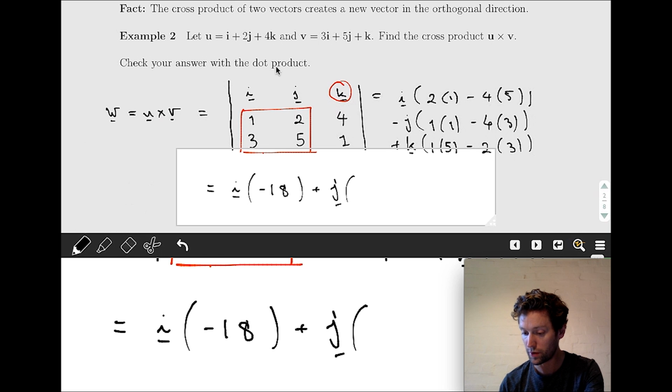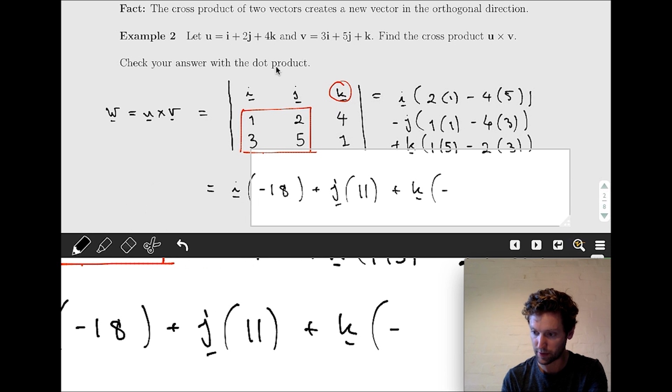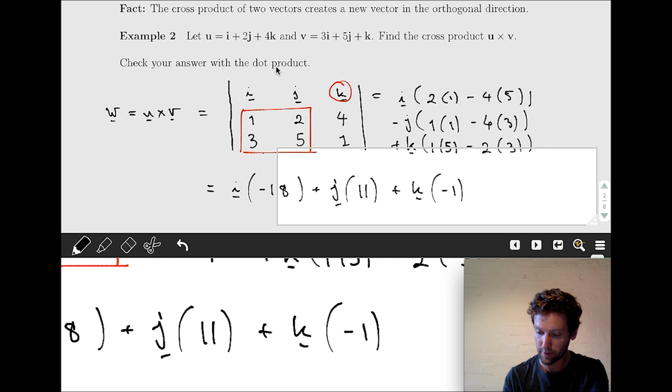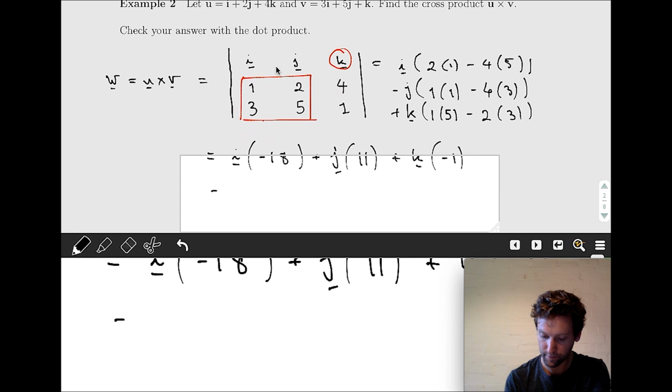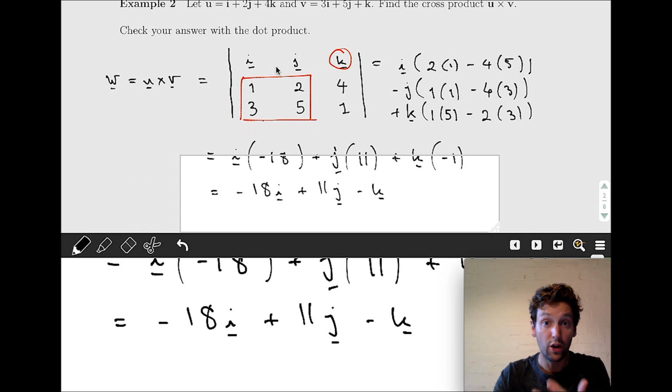We've got 1 minus 12, which is minus 11, and I've got a factor of minus 1, which gives me 11, plus k vector times 5 minus 6, which is minus 1. So my vector is minus 18i plus 11j minus k. So we saw that the cross product gave us a new vector, w.